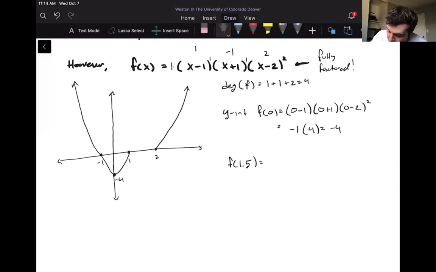And that's going to equal 0.5 times 2.5 times minus 0.5 squared. So that's just plugging in 1.5 into our function. And that equals, for us, it's fine to just say some positive number.